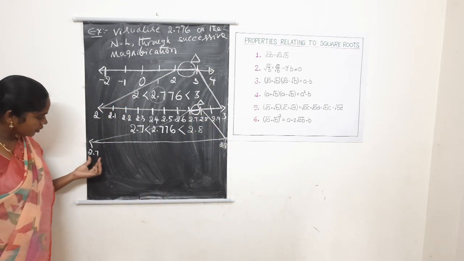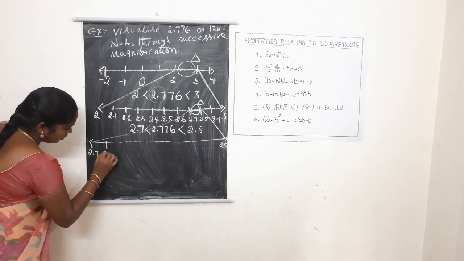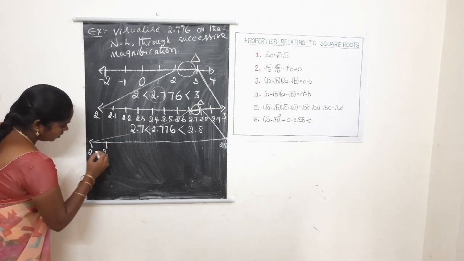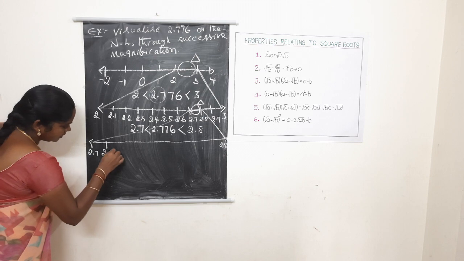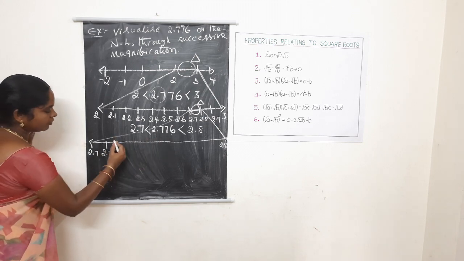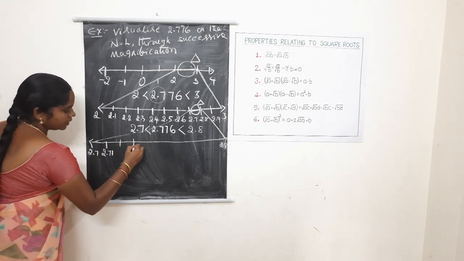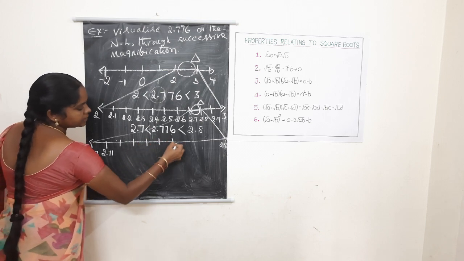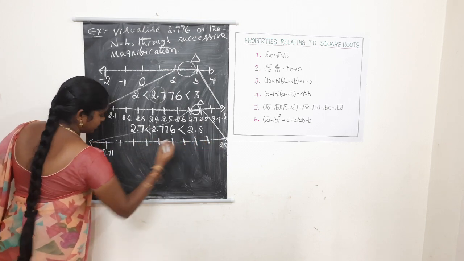We divide into 10 equal parts: 1, 2, 3, 4, 5, 6, 7, 8, 9, 10.